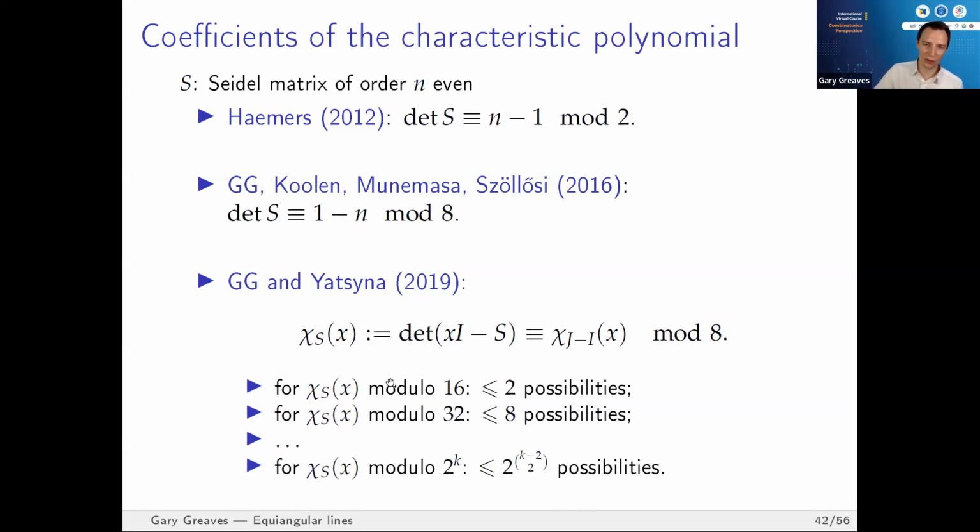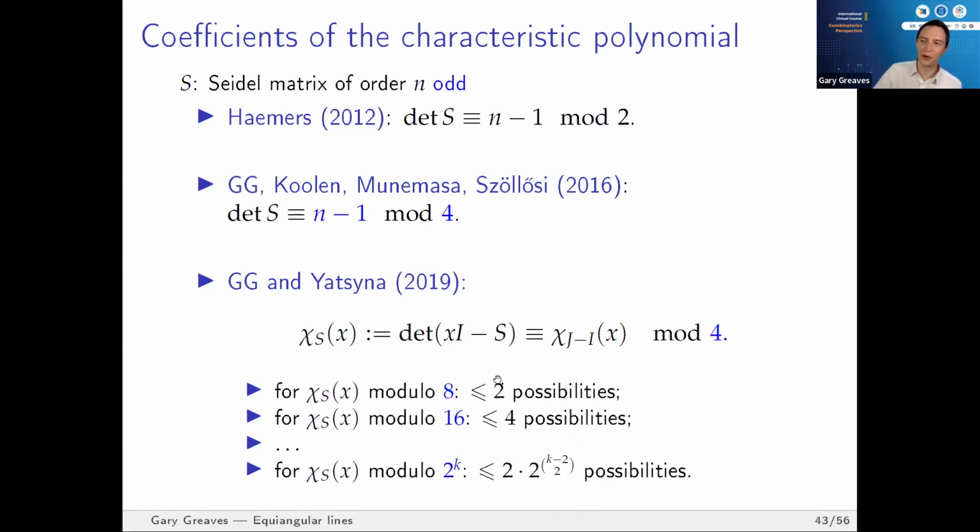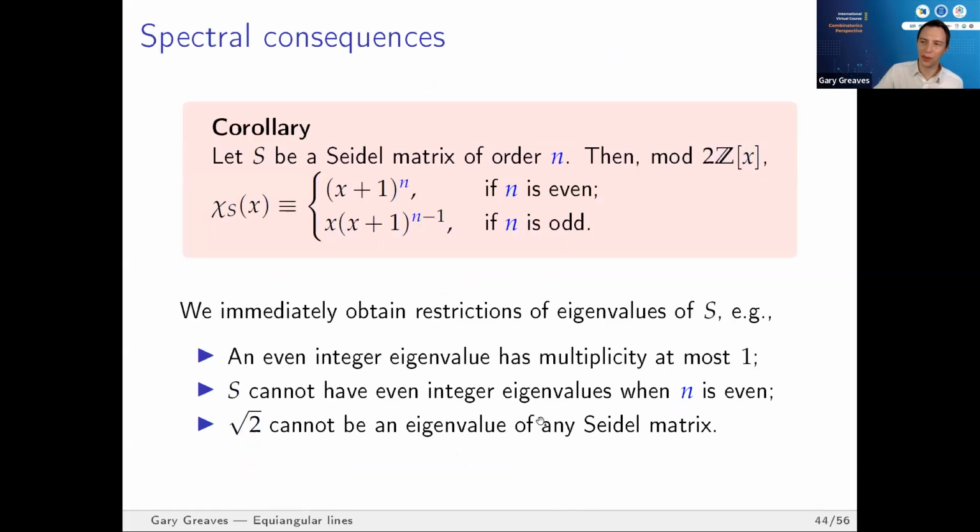And we have very strong restrictions on these things. This is one of the ways we manage to make progress. If we change n to be odd, we get slightly weaker results. And this one sums up a lot of observations we can make from this, so I've summarized it in this corollary.